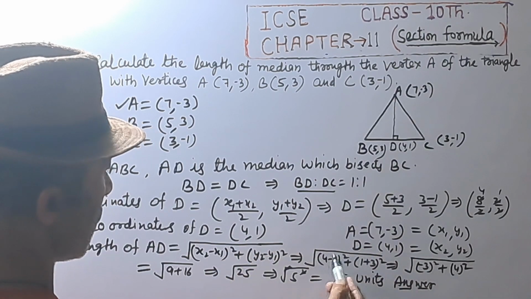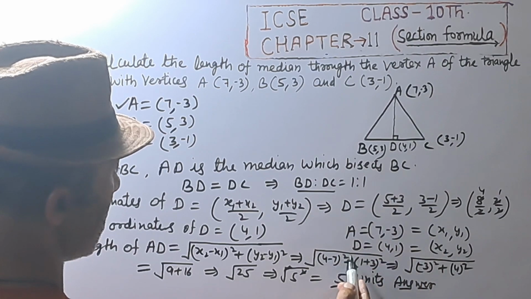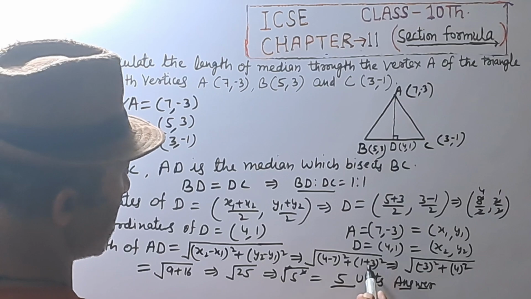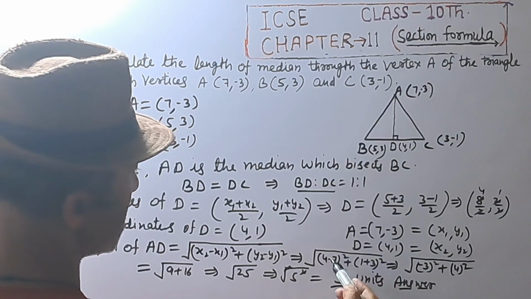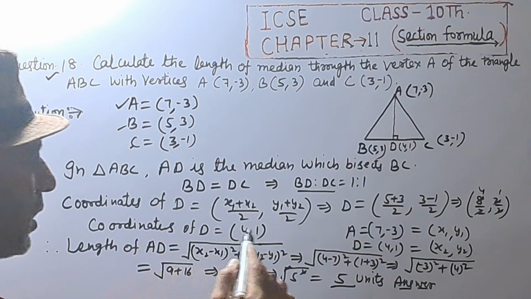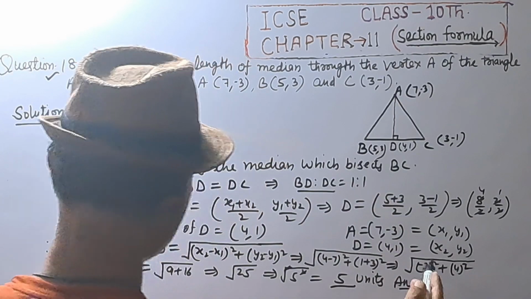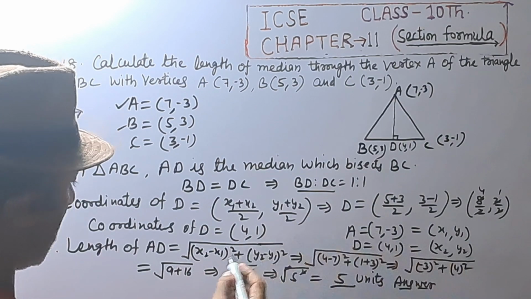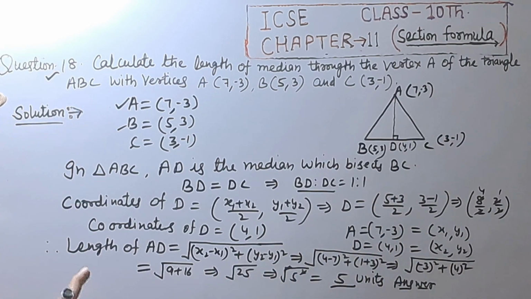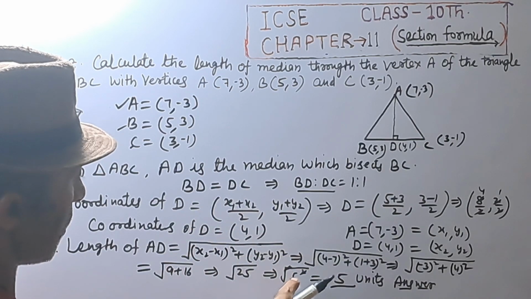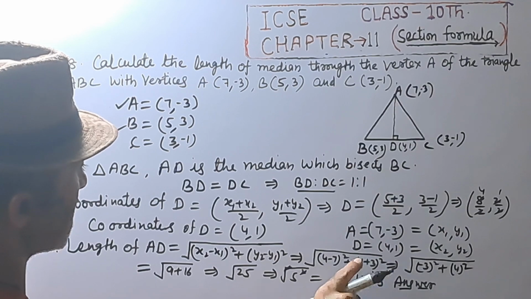X2 is 4 minus x1 is 7 raised to power 2 plus 1 minus (-3) raised to power 2. 7 minus 4, that is minus 3 square, plus 3 plus 1, 4 square. Minus 3 square is equal to 9, plus 4 square is equal to 16, and the sum of 16 plus 9 is equal to root 25. Root 25 is equal to 5 units. Answer.